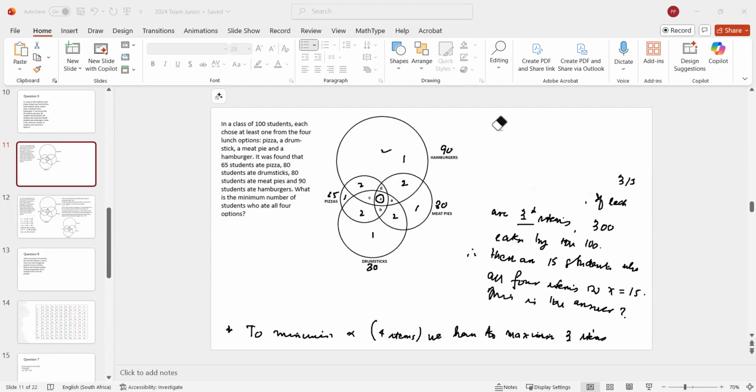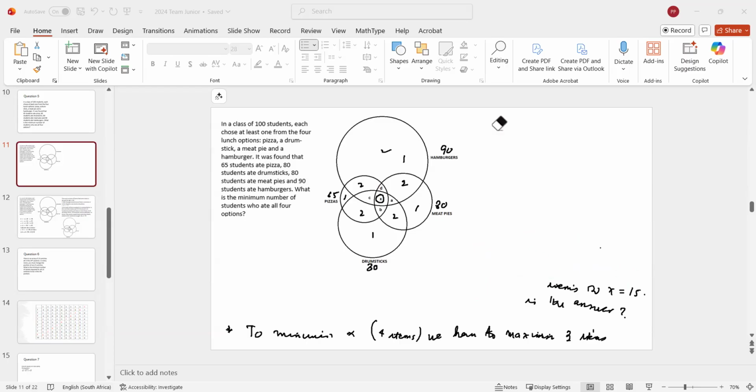You might not be able to find A, B, C, and D, so we have to exhibit at least one solution. We have to show that there is at least one solution, that is, find A, B, C, D to guarantee that there can be an X which is equal to 15.